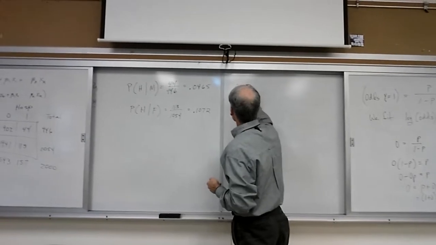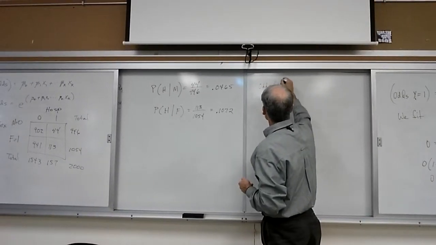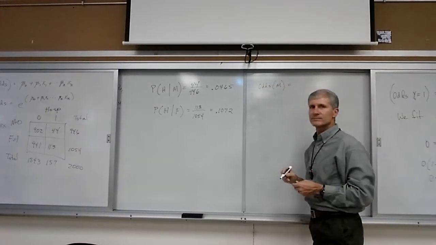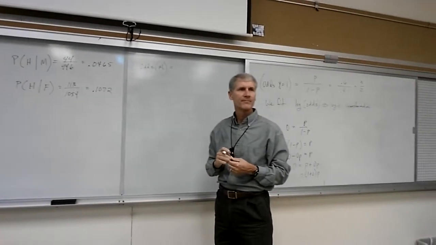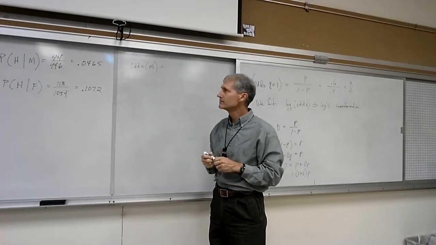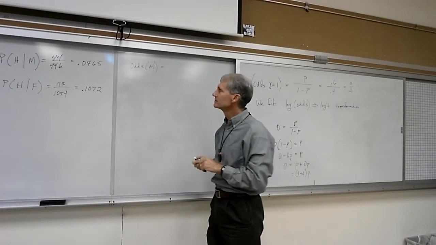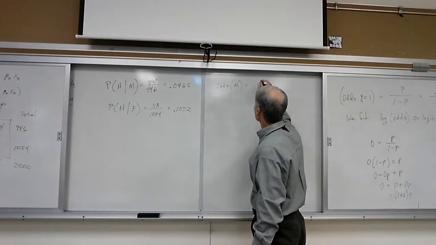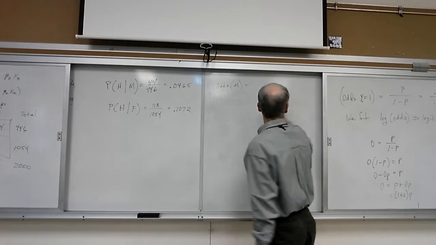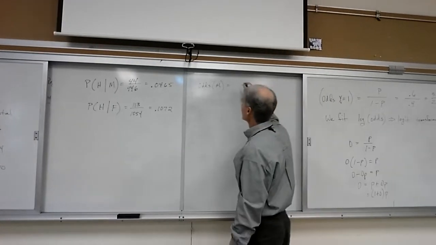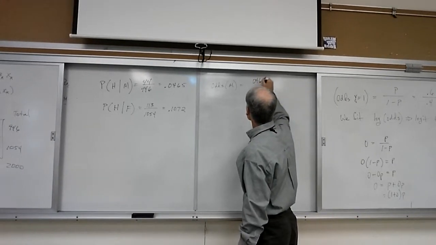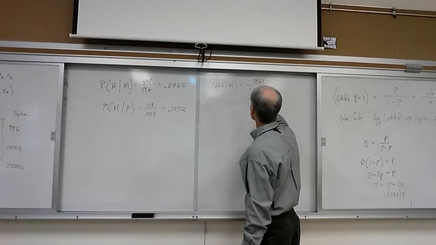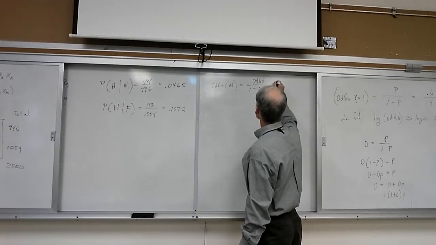So what are the odds for males? 0.0465 over 1 minus 0.0465.